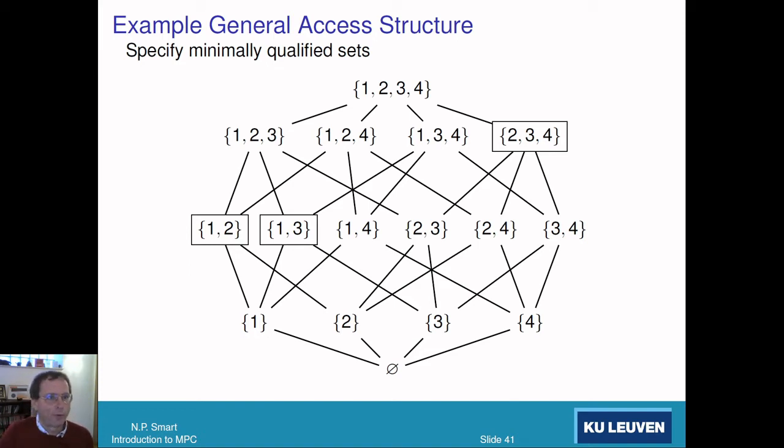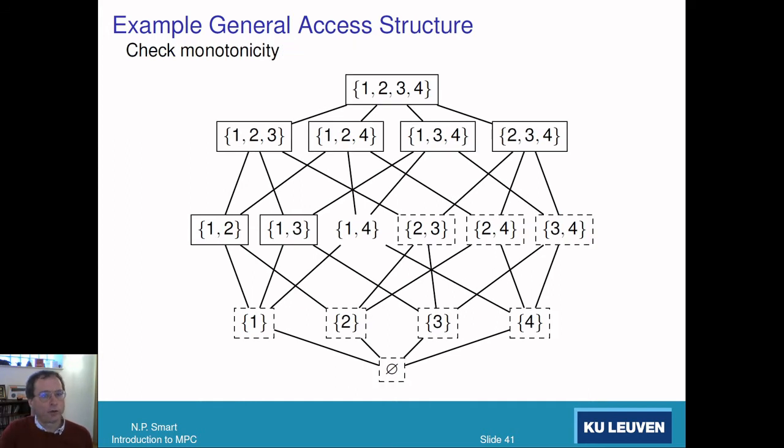So we've got the minimally qualified sets. From those, we can add in monotonicity, which says that anything which contains a minimally qualified set must also be qualified. So that adds these sets in here. And also anything that's a subset of a minimally qualified set has to be, by definition, unqualified, because a subset of a minimally qualified set must be unqualified.